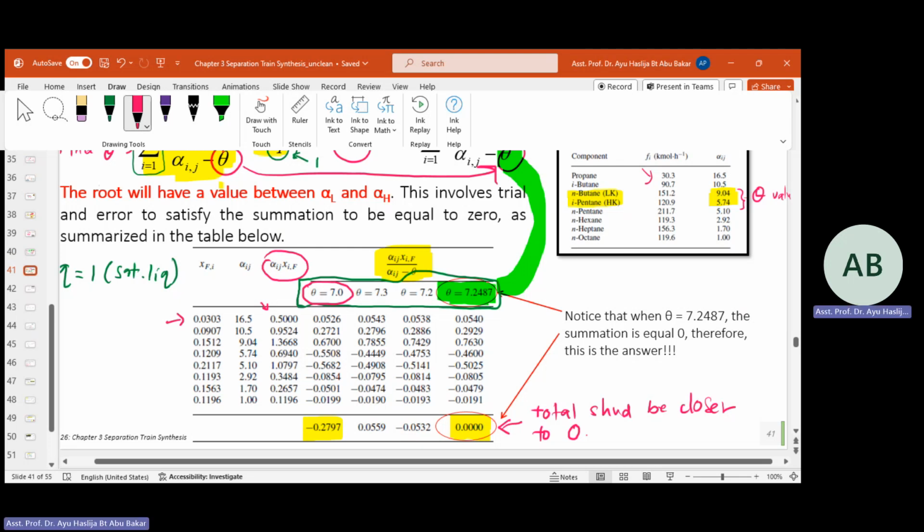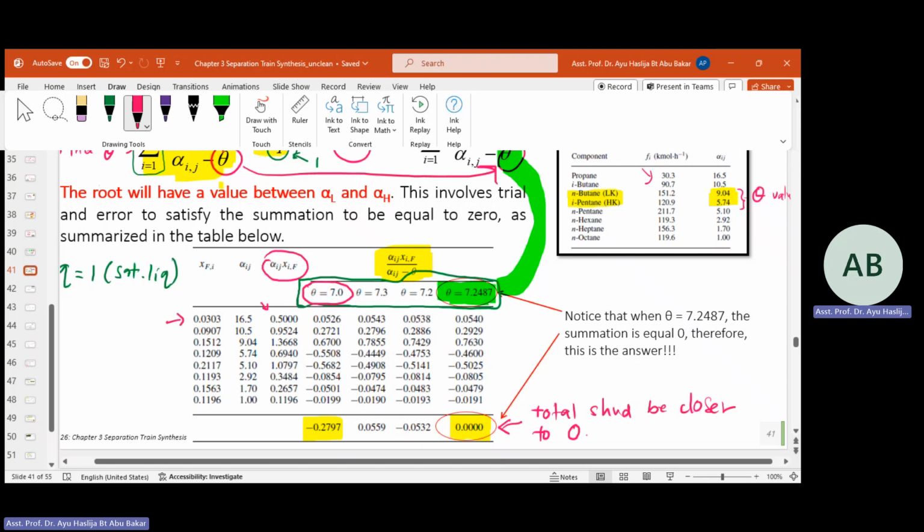The equation, the K value, everything, right?